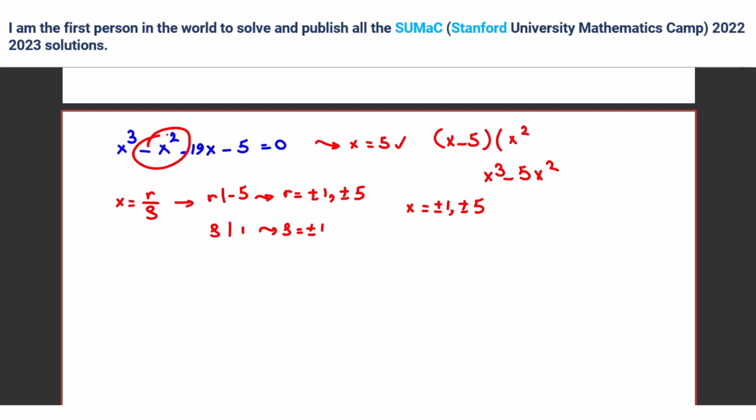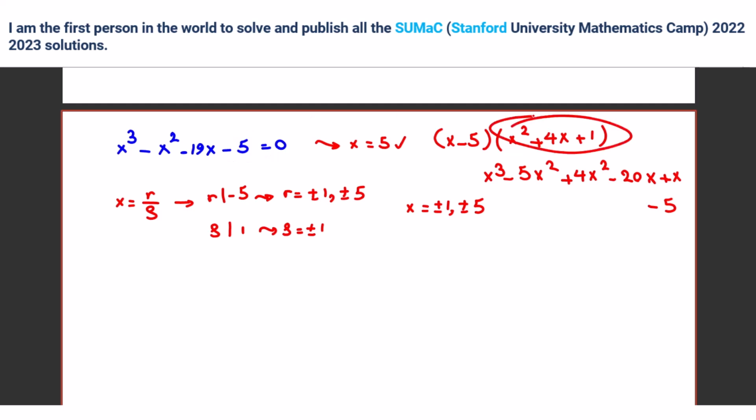But you want to reach negative x squared, so you need plus 4x squared, so you place plus 4x. Then it will be plus 4x squared minus 20x. Then from negative 20x, you want to reach negative 19x, so we need plus 1, times x. So I place plus 1, then we have x minus 5 and the last one. And then you can solve it by the quadratic formula, right?